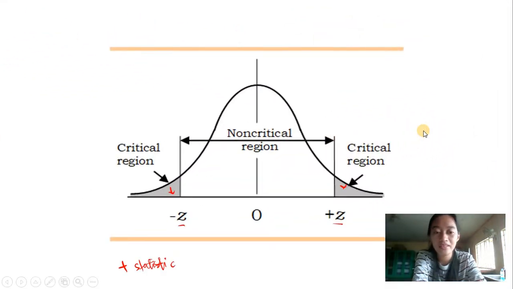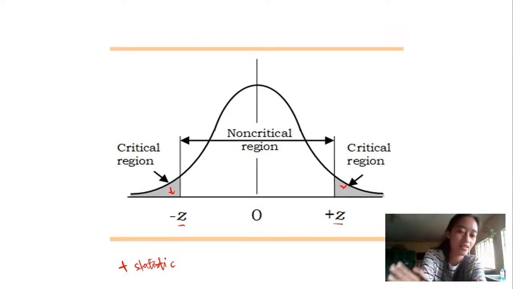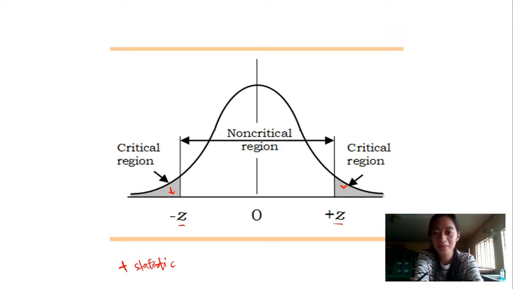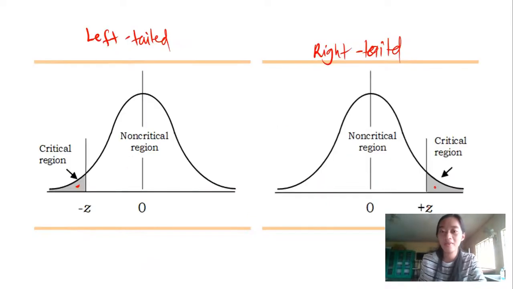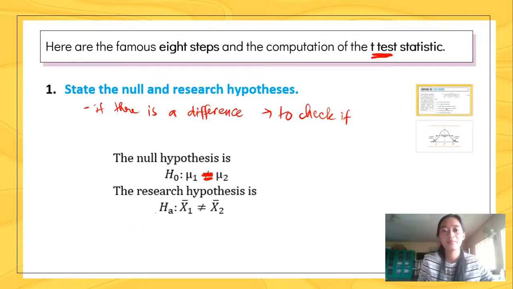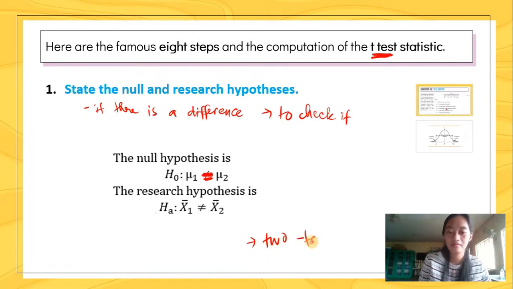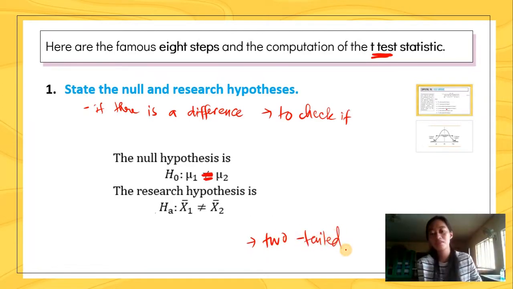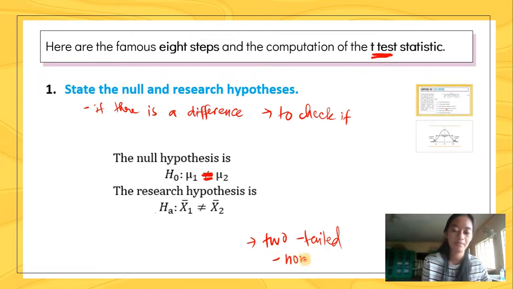Since we are trying to see if there is a difference, is it a lesser or a greater difference? We are not specifying that, so that means it is a two-tailed type of test. Two-tailed. Okay, we just want to say na ay difference, pero wala ta ni ingon nga asa nga greater, asa may lesser, wala tay direction, so non-directional.